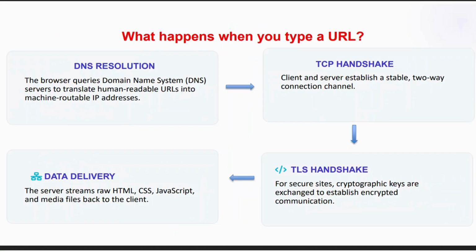Then there is something called a TCP handshake, where both the client and the server agree to communicate using HTTP. Then data is delivered using the HTTP protocol: the server sends the files, the HTML and the CSS, back to the client, which is your browser. Your browser then interprets this into the website or application that you see.